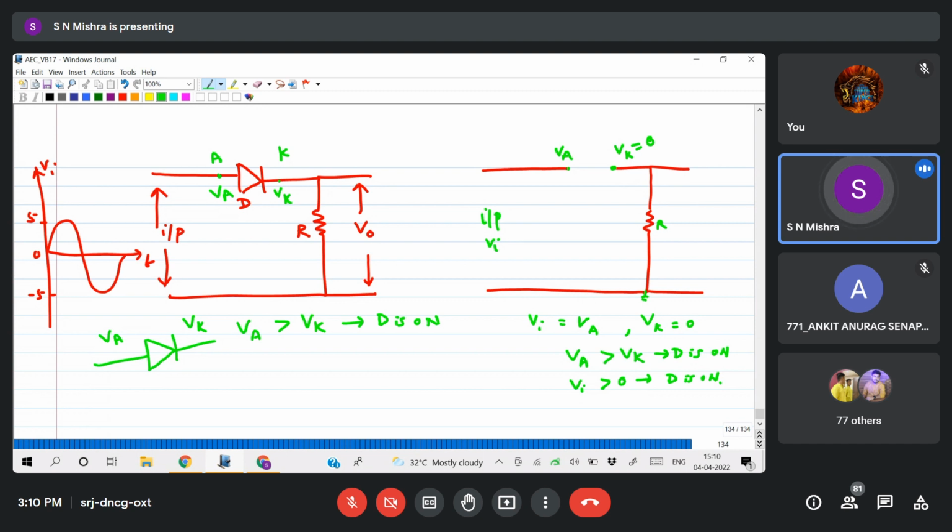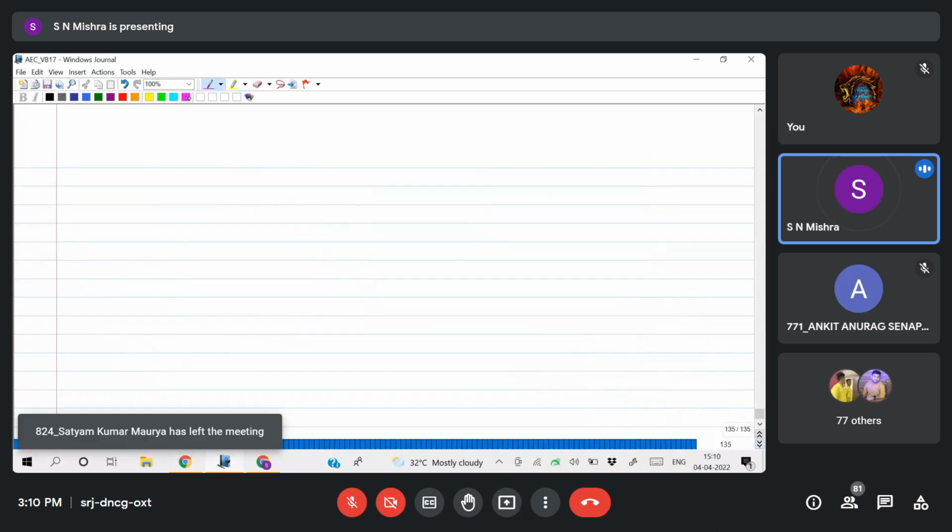Now when the diode is on, what is my equivalent circuit? So the first step is completed. You identify the condition: Vi greater than 0, the diode is on; Vi less than 0, D is off. Now the next step is to draw the equivalent circuit.